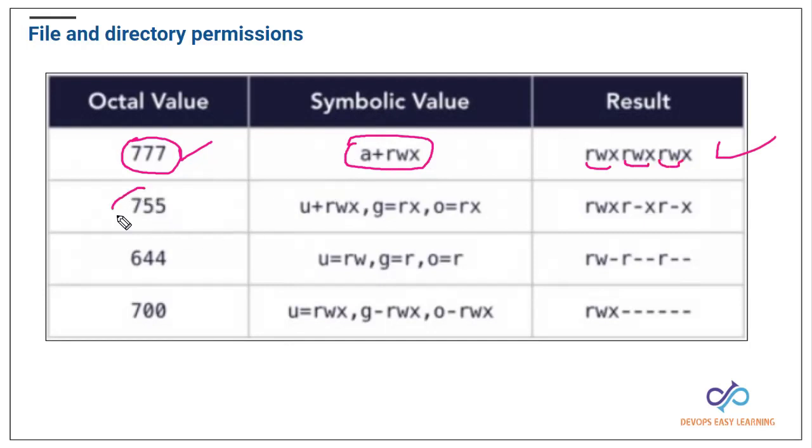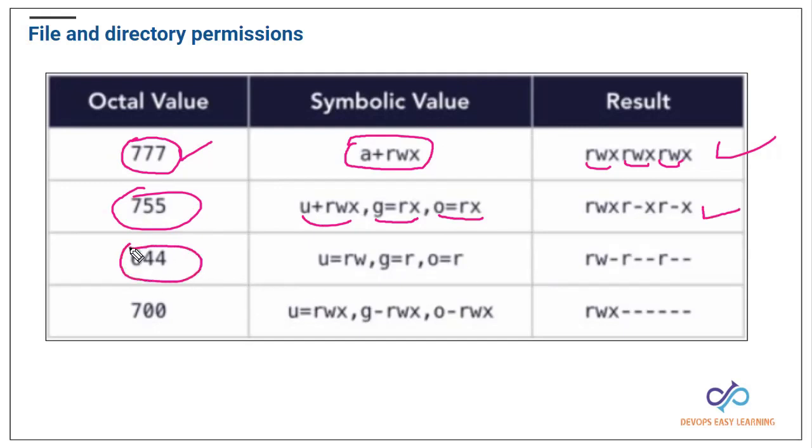If you want to write this permission, this will be the octal representation. Now, if you want to see that in symbolic mode, that will be user plus rwx, which stands for read, write, execute. And group here, it is what? r-x, which stands for what? Read, execute. Others, r-x, read, execute. And this will be the result.